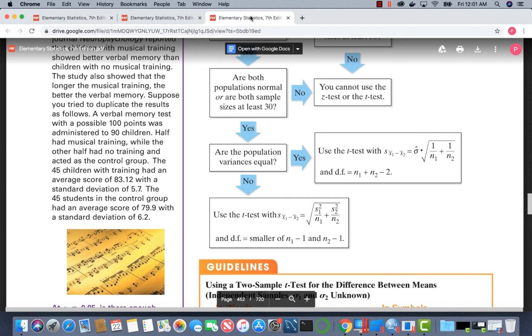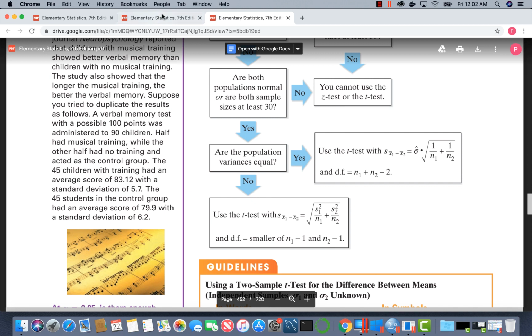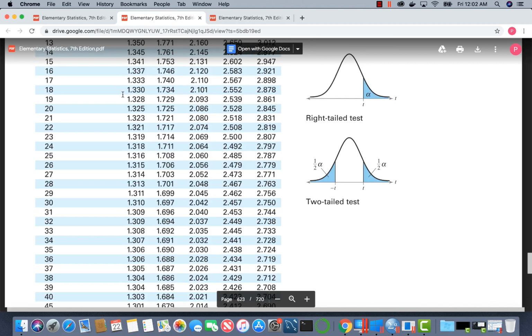Now, if the variances are not equal, we are going with this and we are taking the smaller of these as the degrees of freedom. I believe in this problem, the smaller group had 19. The larger one had 21. So 19 minus 1 is 18. So we have 18 degrees of freedom.